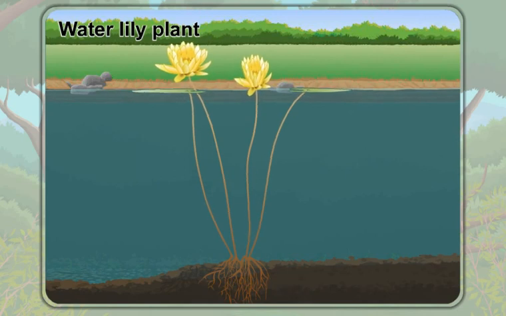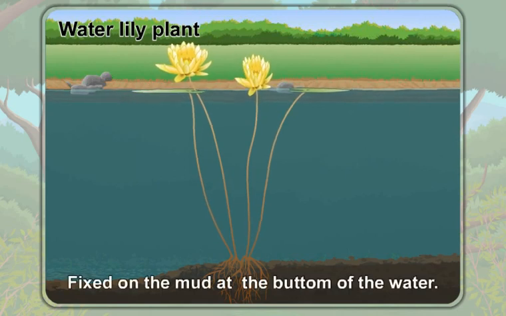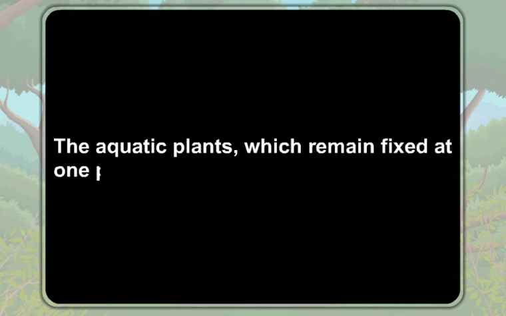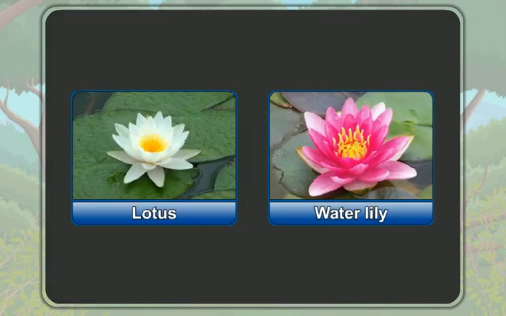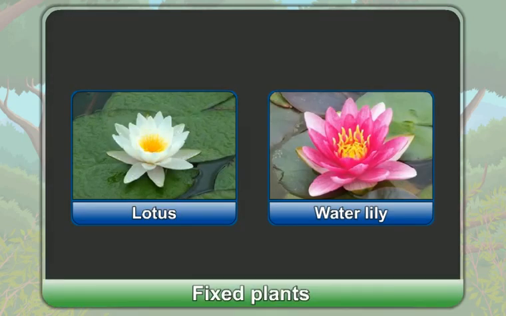It also remains fixed on the mud at the bottom of the water. The aquatic plants which remain fixed at one place are called fixed plants. So, plants like a lotus and a water lily are fixed plants.